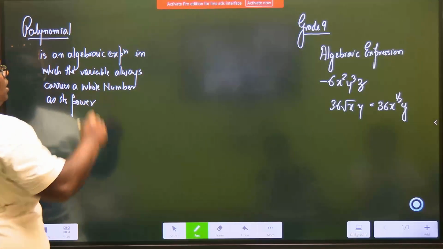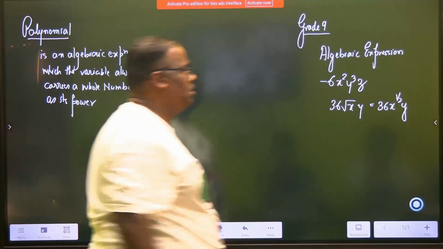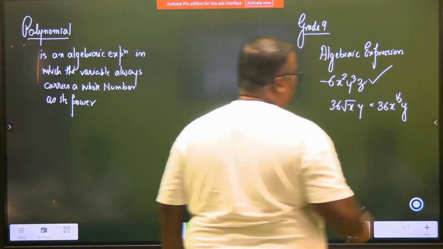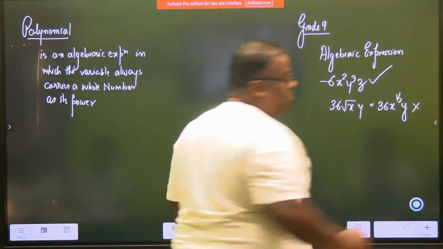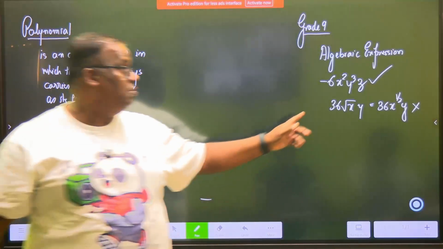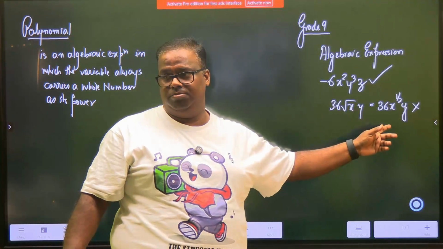It will always carry the whole number as its power, which means this can qualify as a polynomial, this cannot qualify as a polynomial. This is the basic difference. But this can qualify as an algebraic expression, right?